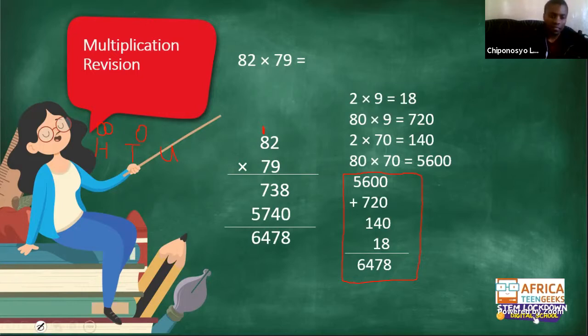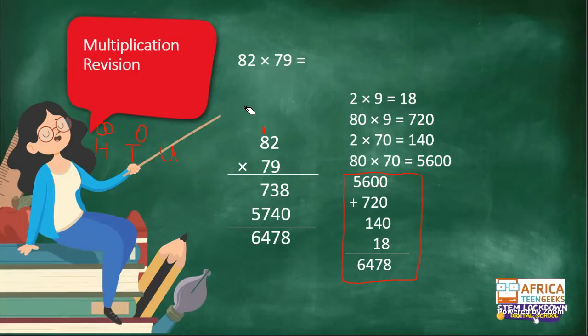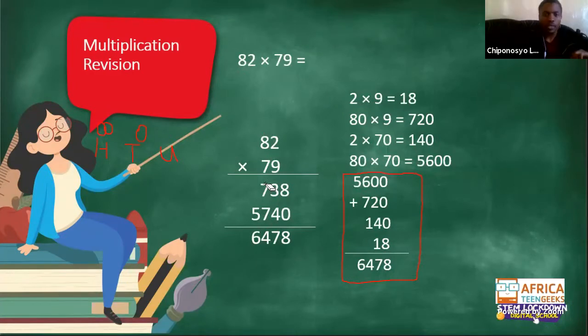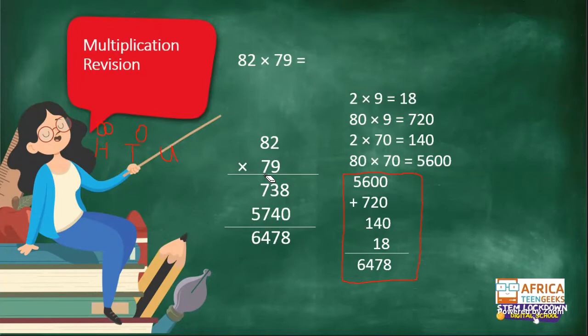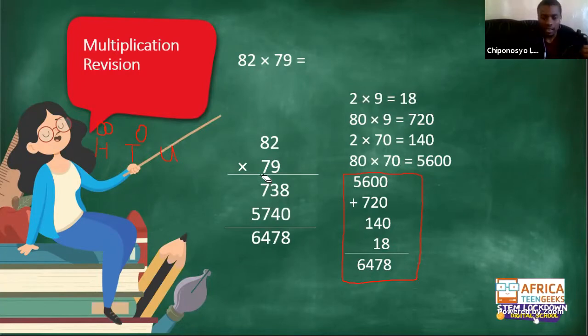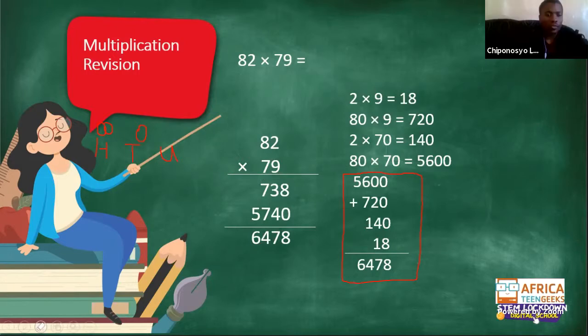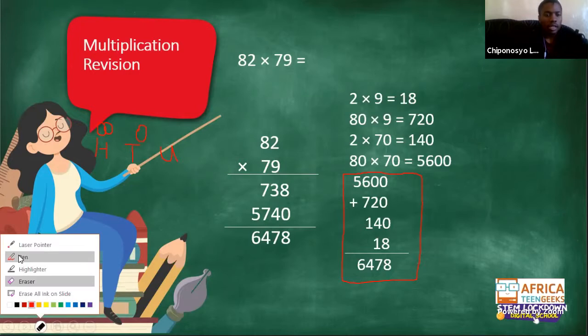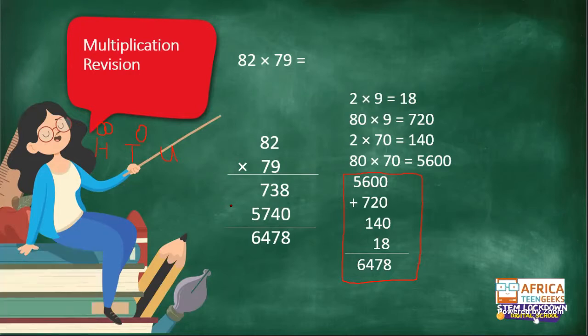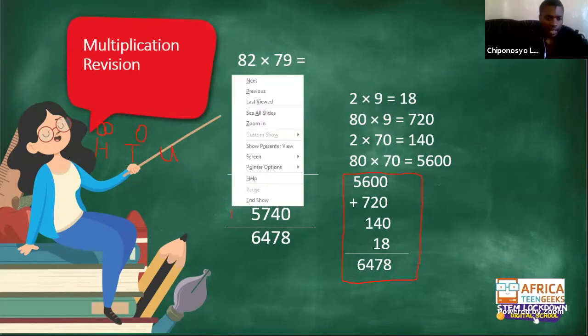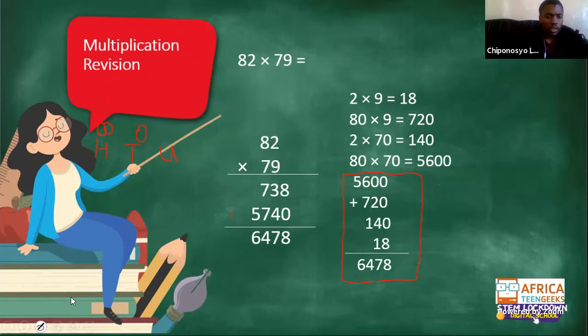Now I'm going to the 7. I'm going to my friend over here, Mr. 70. Sorry, I forgot to put something very important.